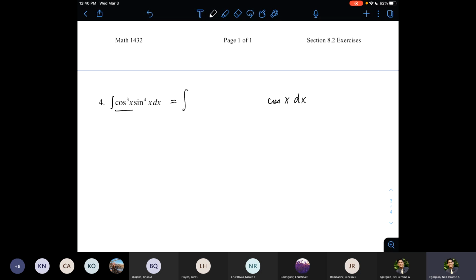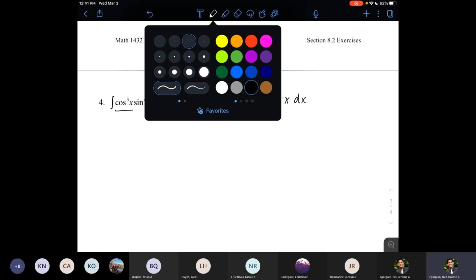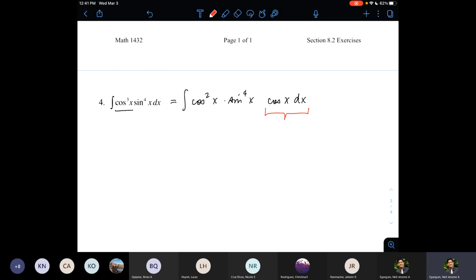What will be left for that odd power is an even power, right? And then I'll just copy the other factor. Just remember, this is being reserved for the du. And then for the remaining even power, remember, we took one of the cosines, so we'll have a cosine squared left.